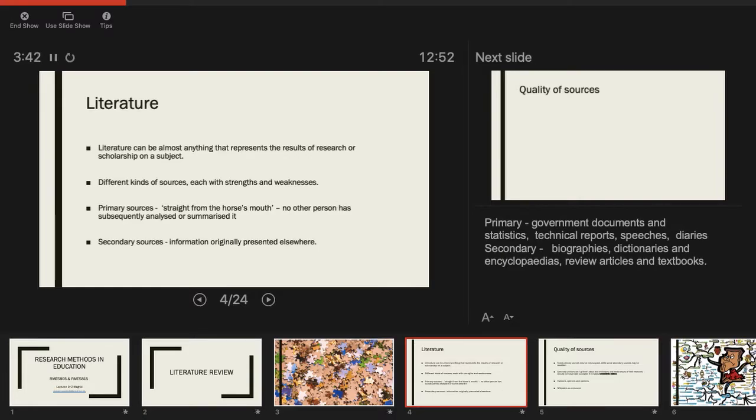So when we're looking at primary sources, we could, for instance, look at government documents or technical reports or statistics or speeches or diaries. So that's coming directly from the particular source, the individual, or, as I mentioned, it can be an entity, an organization. And when we're looking at secondary sources, we're looking at biographies or dictionaries or encyclopedias or even review articles and textbooks.